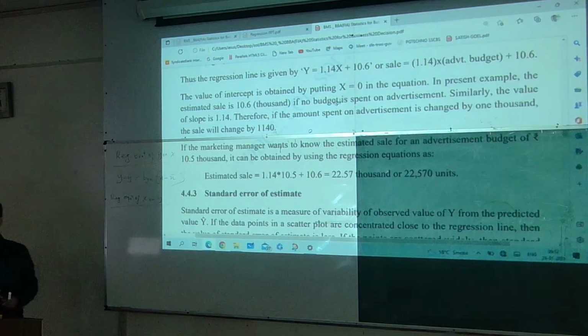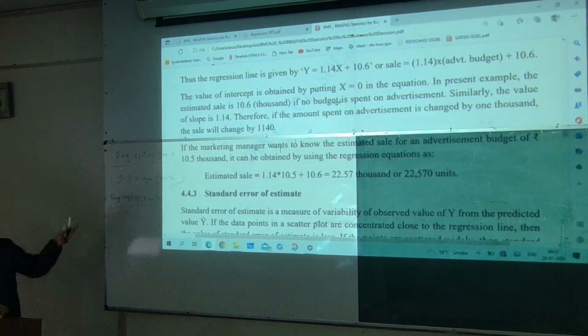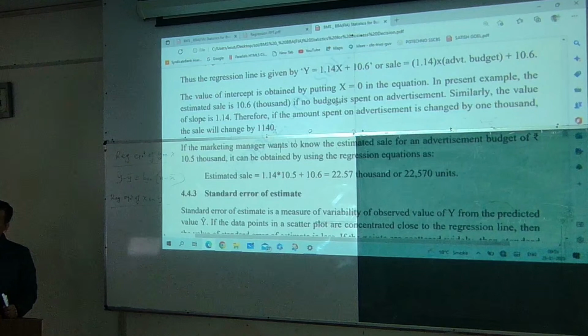But please note the discussion. Okay, you may have two equations. Why do you have two equations? Because as I said to you, if you have bivariate data like x and y, like here sales and budget, now you may have x as your budget, or you may have y as your budget. In other terms, your dependent variable may be budget or sales.